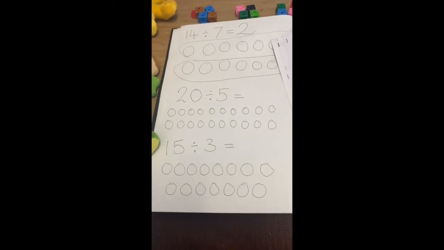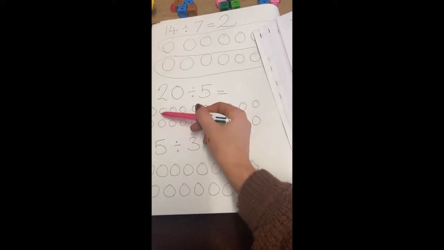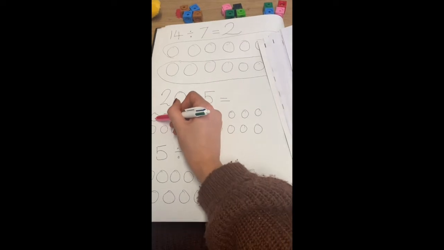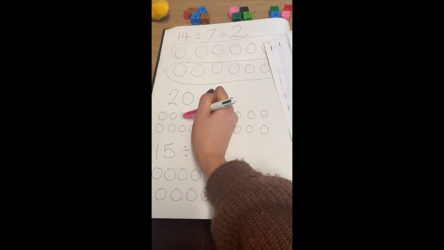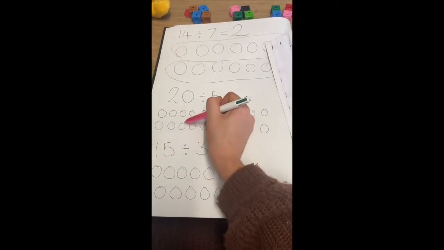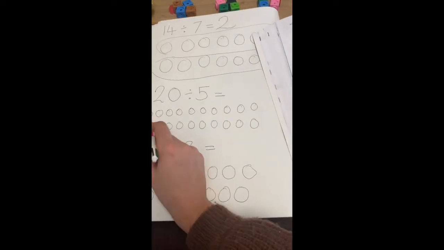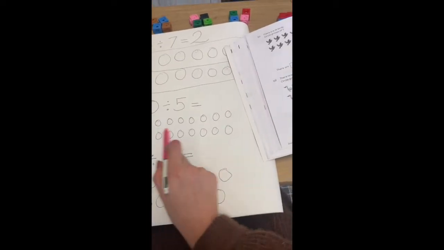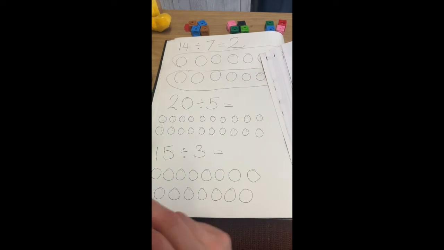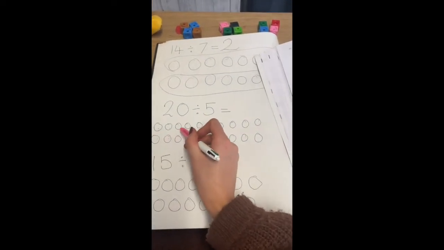Okay, now 20 divided by 5. These are done in groups of 2. So I could do 1, 2, 3, 4, 5 and circle it like that. Or I could do it along the top here because there's 10 along here. And 2 5s is 10. 1, 2, 3, 4, 5.